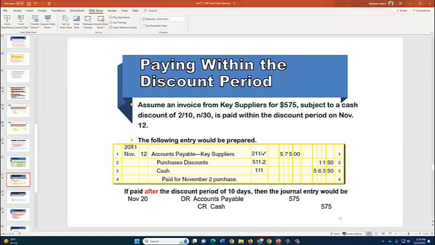So when we record the payment of this invoice, of course we're going to pay cash for $575 less the $11.50. So the net amount of that invoice is $563.50.